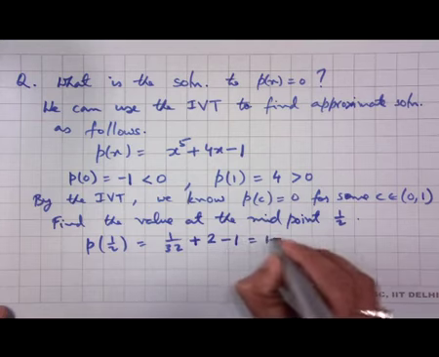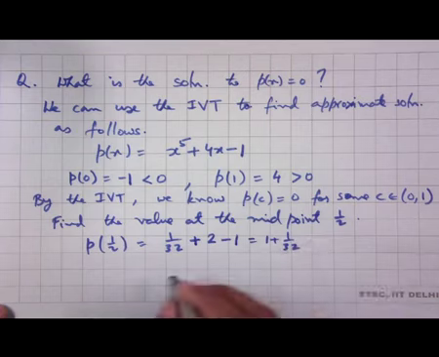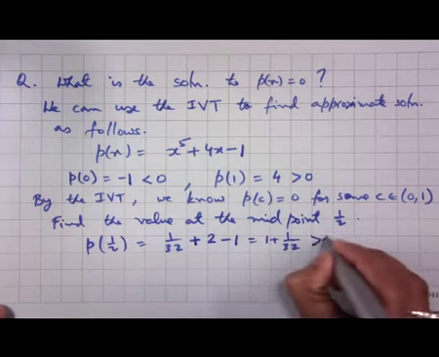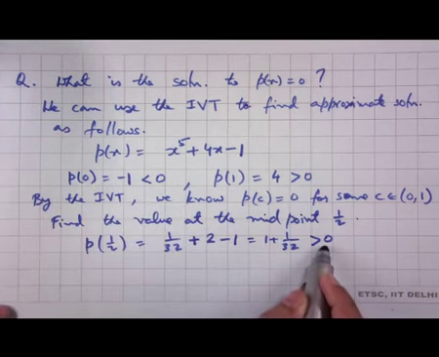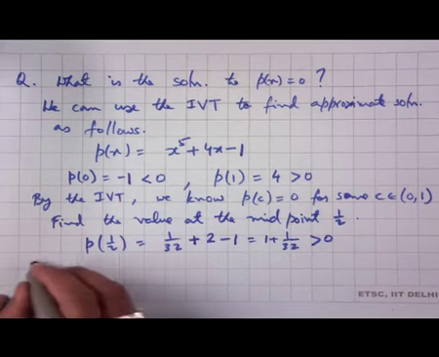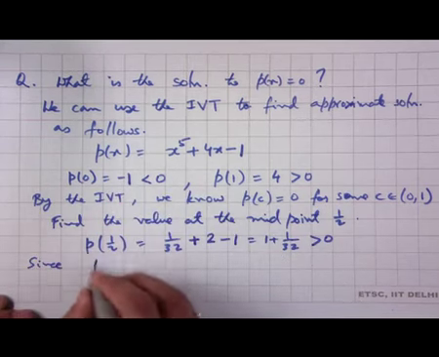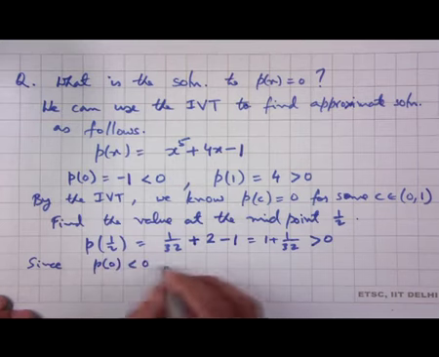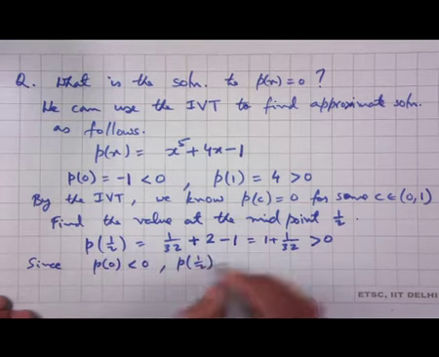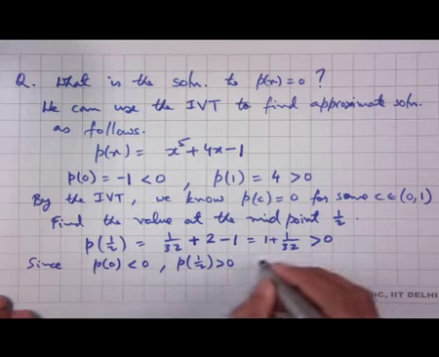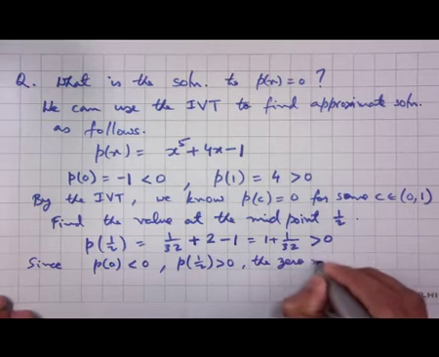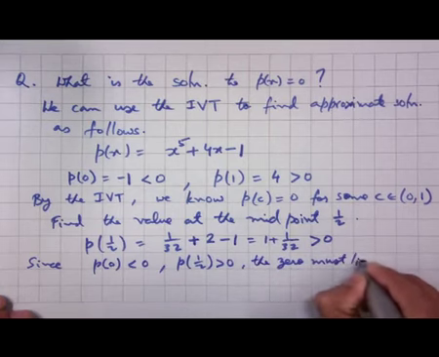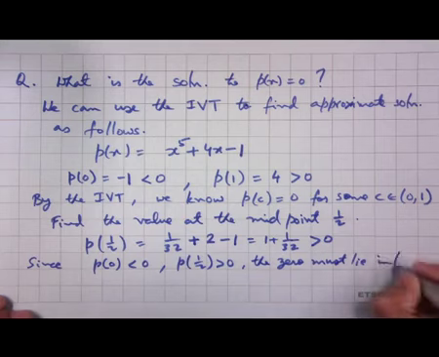This is 1 plus 1 by 32, which is still greater than 0. So, now you know that p of 0 is negative and p at half is positive. So, since p 0 is negative and p half is positive, the 0 must lie in the interval 0 to half.